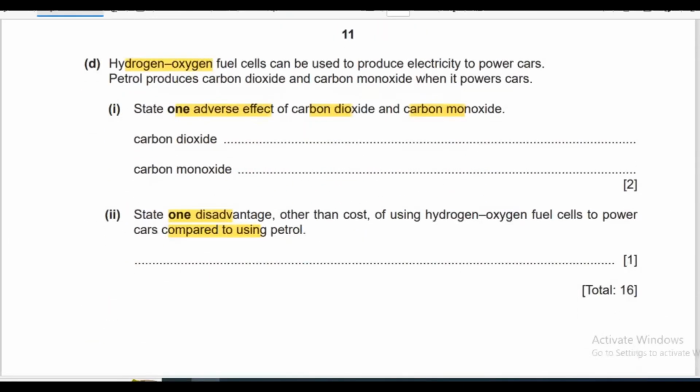Now, this is the hydrogen oxygen fuel cell. One adverse effect of carbon dioxide is that it causes global warming. And carbon monoxide is a toxic, poisonous gas.